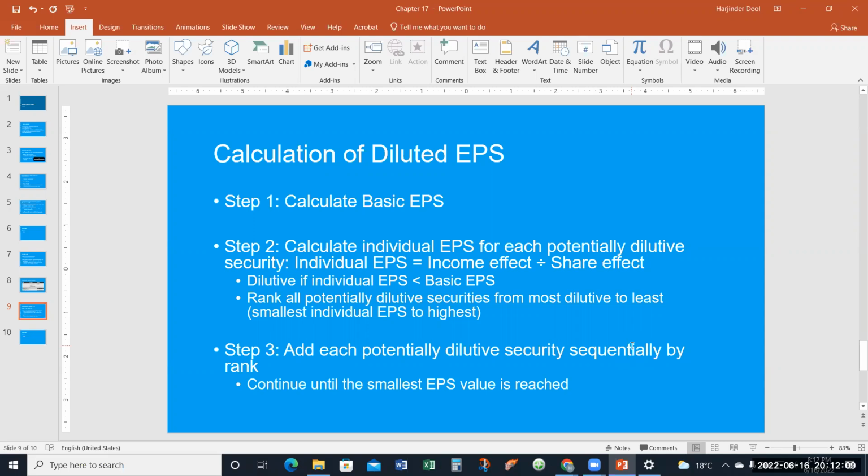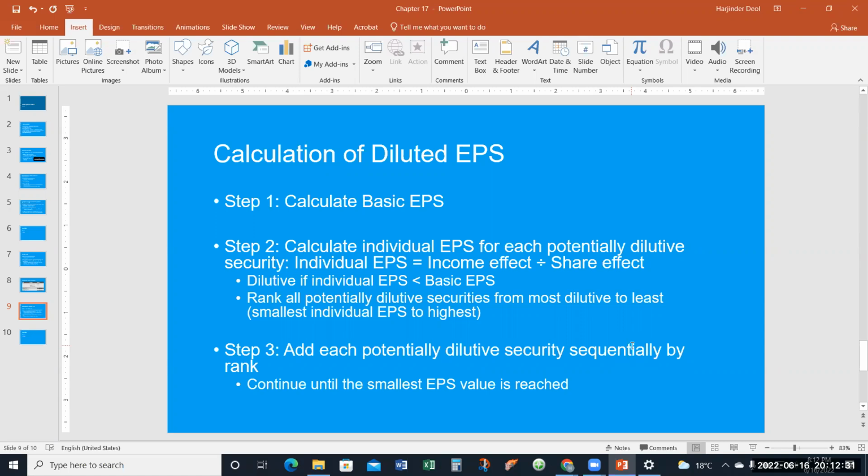You have to stop the calculation at the point when you have hit the smallest amount for the diluted EPS. The diluted EPS, remember, is the worst case scenario. You have to stop at the point where you get the smallest dollar figure. Now, I don't have an example of that in tonight's class lecture.